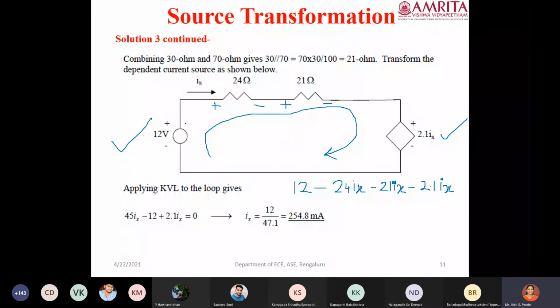Whatever the reaching terminal is, I am following this convention. If you were following the starting terminal, then you should have taken 12 volts minus, for the resistance plus, and for the 21 ohms also plus, and then it would have been plus 2.1 Ix. Did you understand?